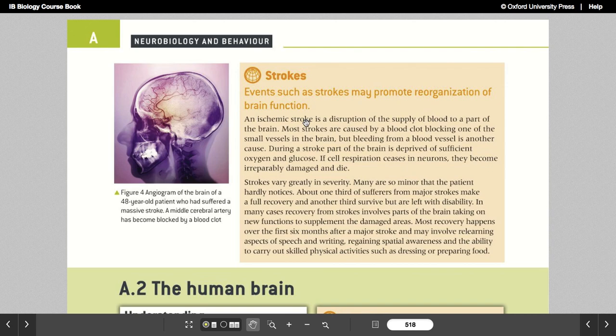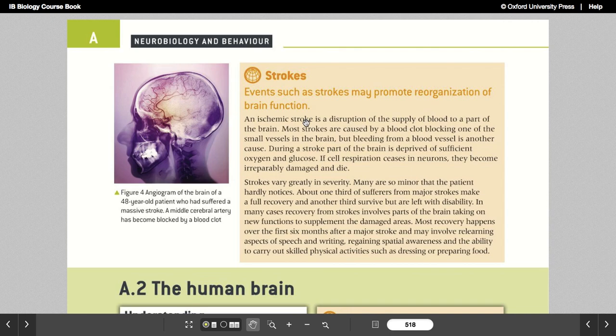If you remember atherosclerosis, that's when you form lipid plaques on the sides of your blood vessels. If those plaques break away, they can get into smaller and smaller blood vessels and clog them. When that happens, we call it an embolism. And then you can also form a blood clot which travels up to your brain, and that we would call a thrombosis or a thrombus.